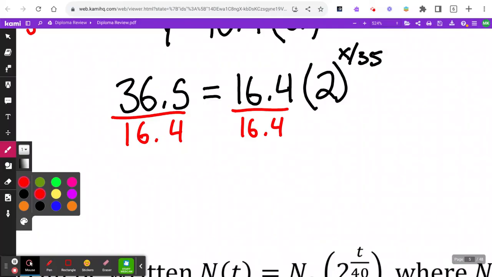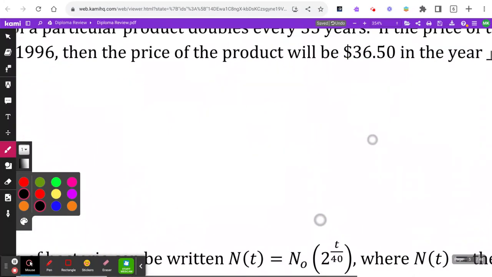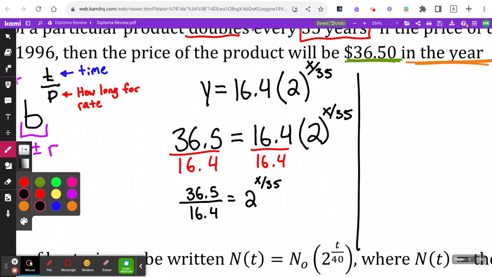Or you could just leave the decimals. As long as you leave it as a fraction or use all the decimals, it's up to you. You could leave it just like that if you want. So I have 36.5 over 16.4 equals 2 to the power of x divided by 35. Then I can change that into a log.